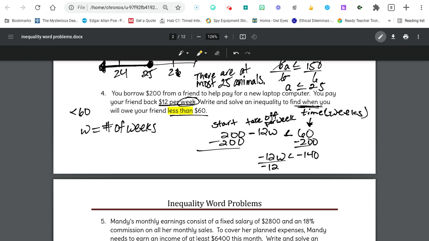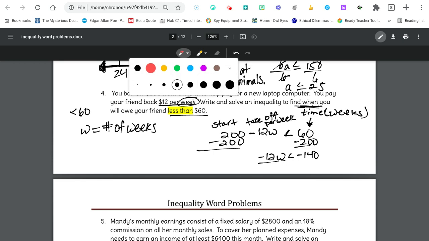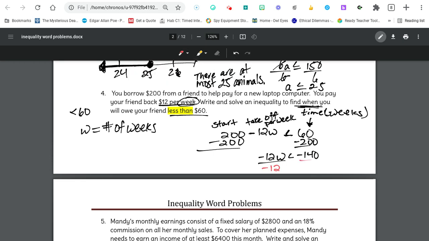Now be careful. Let me change the color on this. Remember, when you multiply or divide by a negative, and I should have told you how to pause the video and try this one. I didn't realize it had that negative. When you multiply or divide by a negative, you got to flip your symbol. So that's W. Less than is going to flip to greater than.